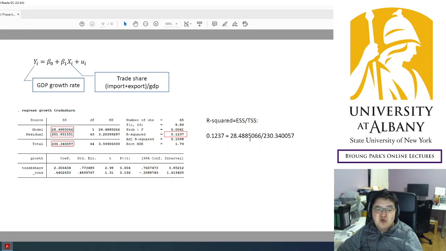So if you calculate the ratio, out of 230 you could explain about 28, which is 12.37%. That is the R squared. And as the R squared increases, your regression is doing better. Your regression is predicting the results better and more accurately.